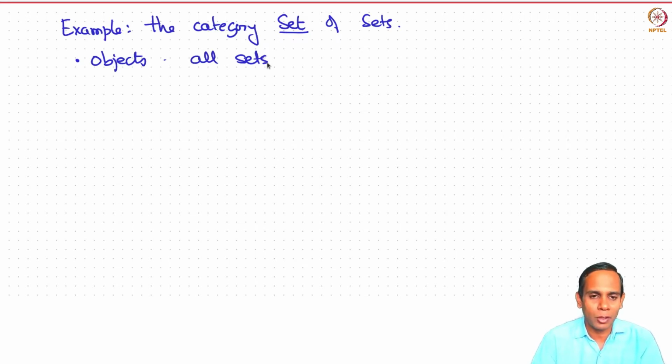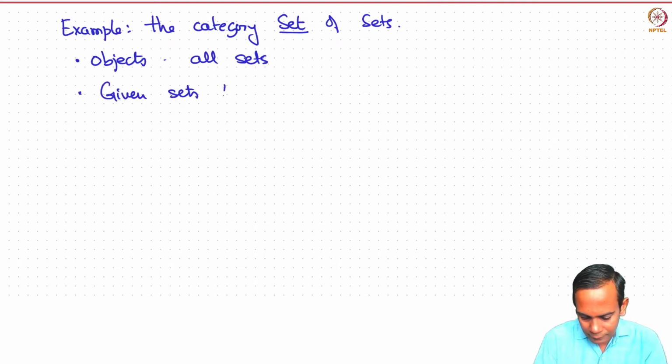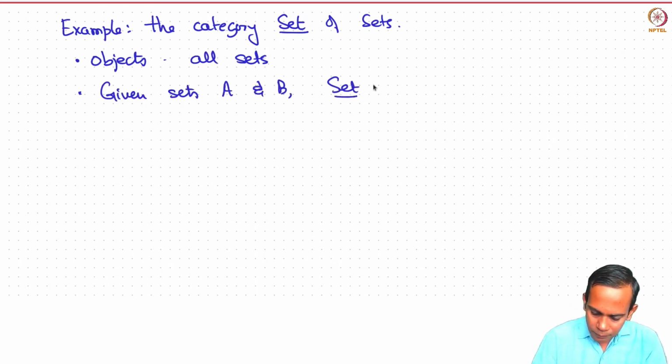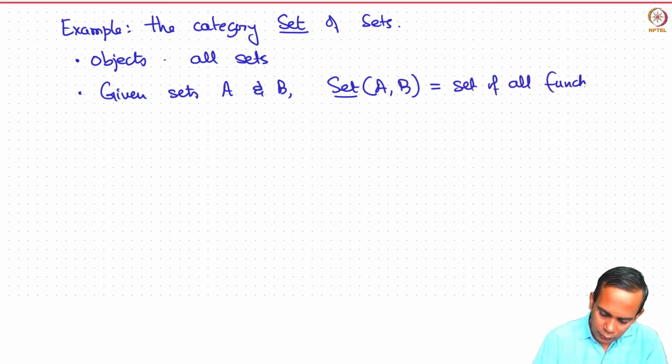I didn't say a set of objects, because when you start talking about the set of all sets, you run into paradoxes. So the objects are all sets, and given sets A and B, the arrows from A to B is the set of all functions from A to B.